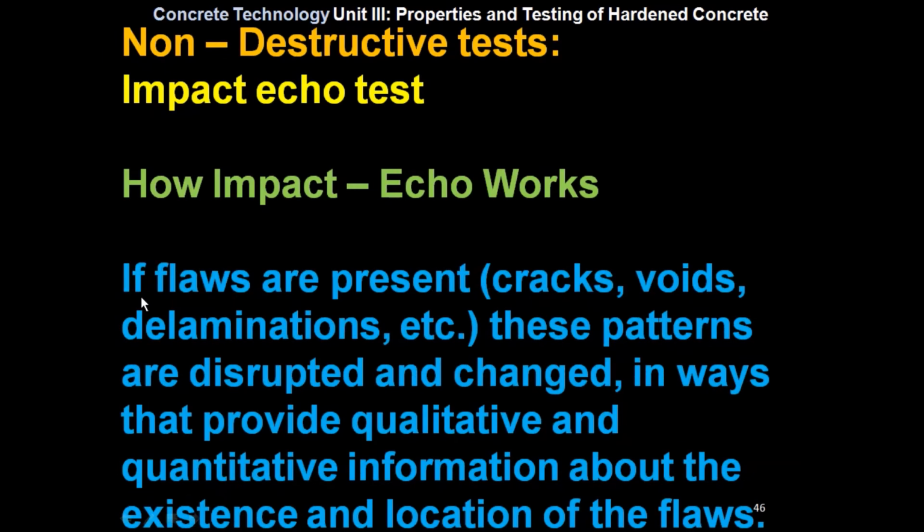If flaws are present, cracks, voids, delamination, etc., these patterns are disrupted and changed in ways that provide qualitative and quantitative information about the existence and location of the flaws.